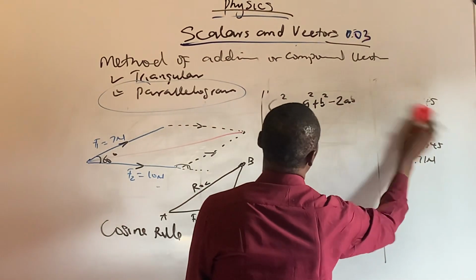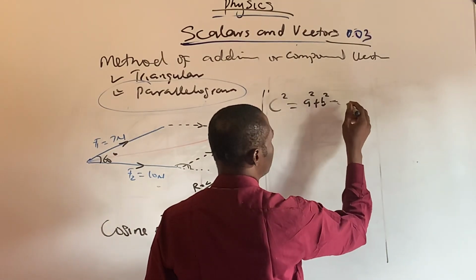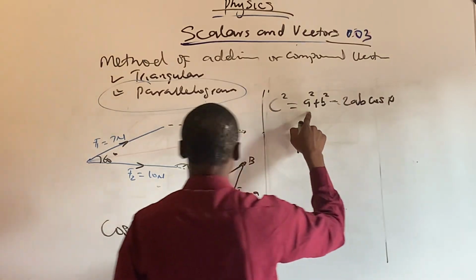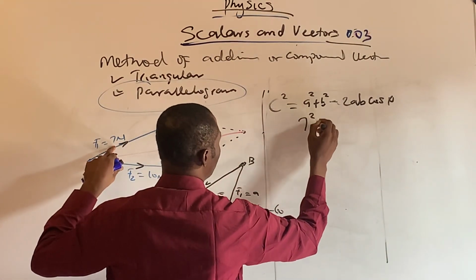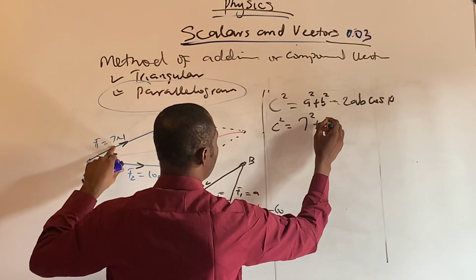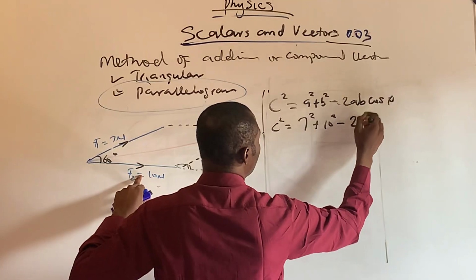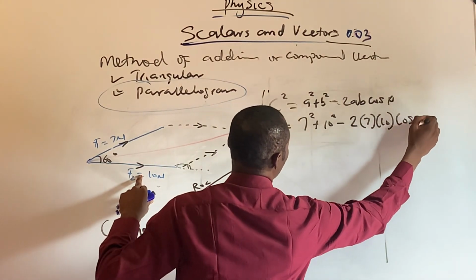We don't need this one again now. So what's my a? Now let's find the a. The a is 7, 7 raised to the power of 2. And then b is 10 raised to the power of 2, minus 2 times 7 times 10 cos 120.